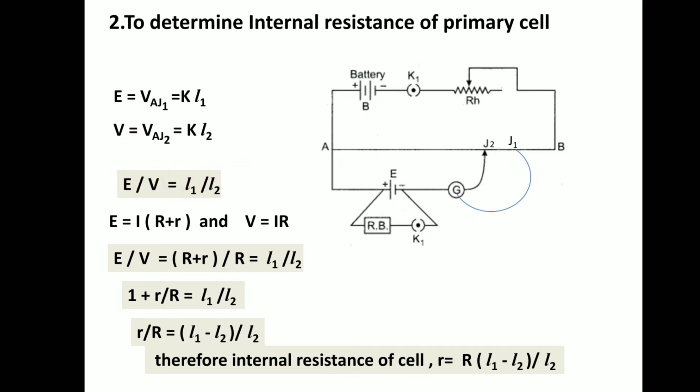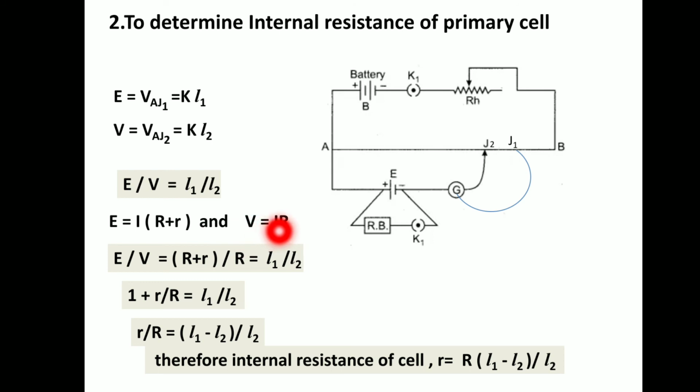So now if we recall the previous topics on the internal resistance of the cell, we can find it out by replacing the value of E by V. In this circuit, if the internal resistance of this cell is small r and capital R is the resistance taken out from the resistance box, then according to Ohm's law, E is equal to I(R plus r).